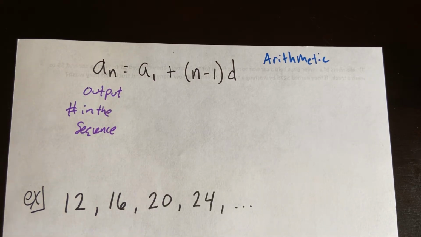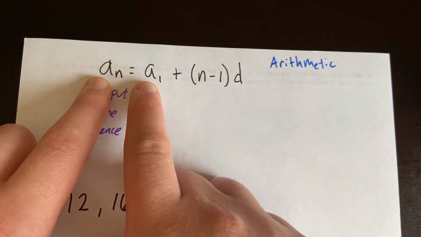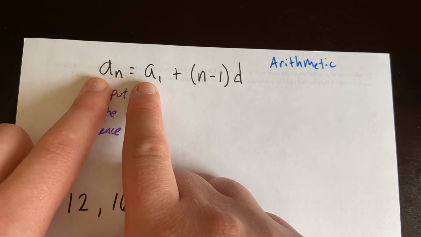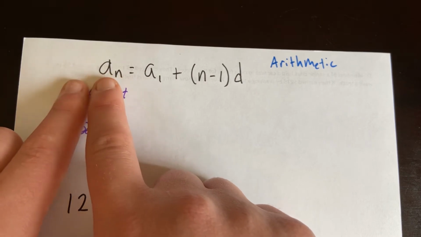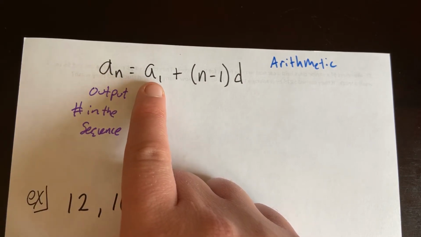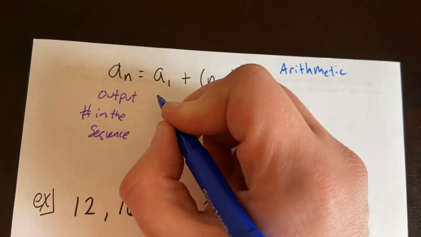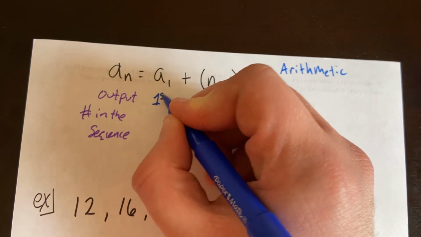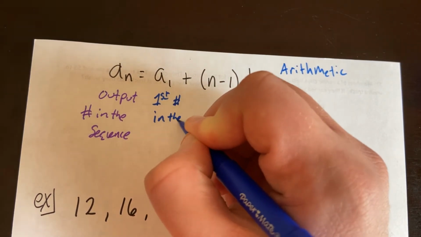This a sub 1, so notice how we see these same a's. So this is how we're going to name the sequence. In this particular case, we're just naming the sequence a. So this is a sub some number, but in this particular case, this is a sub 1. What this actually means is the first number in the sequence.